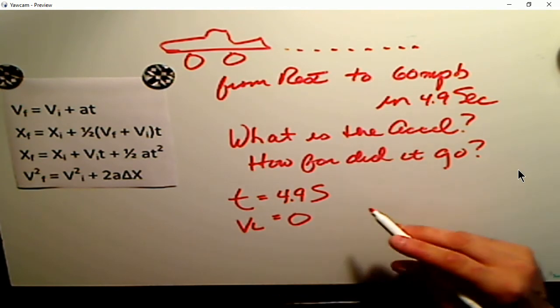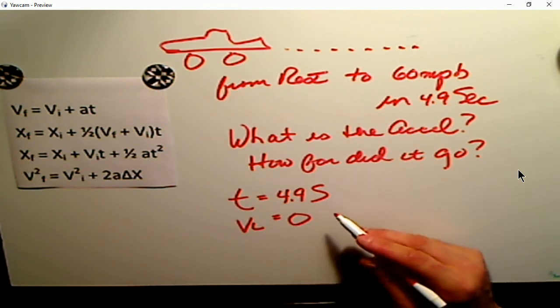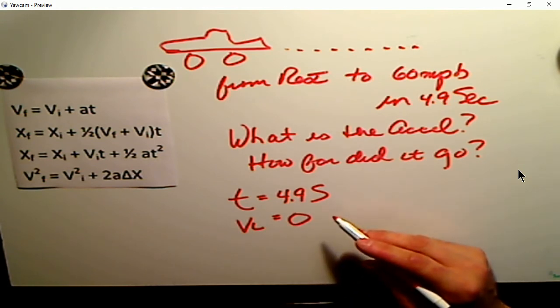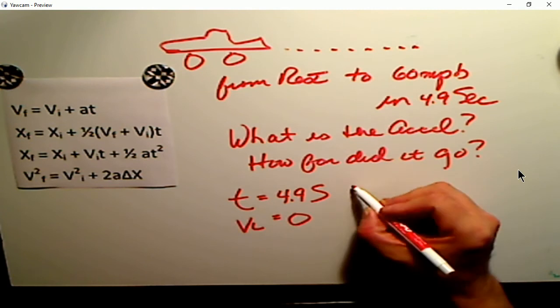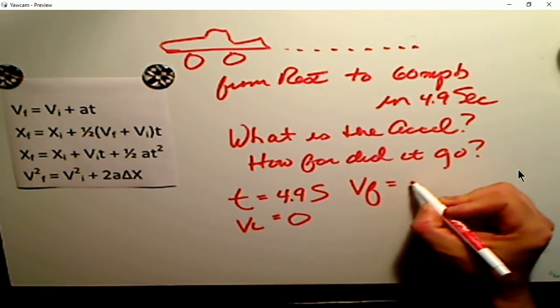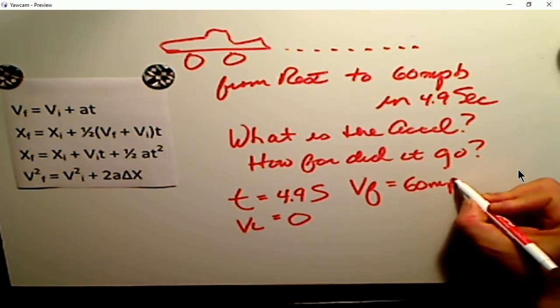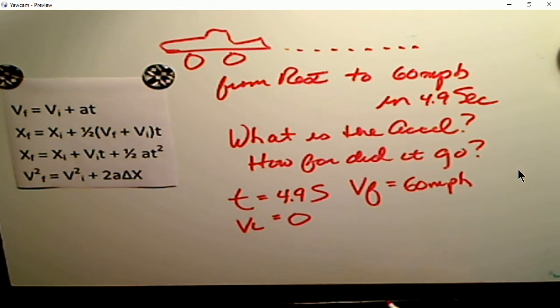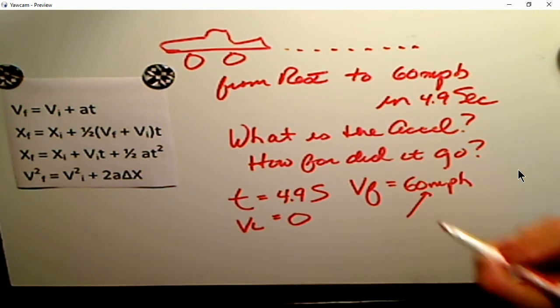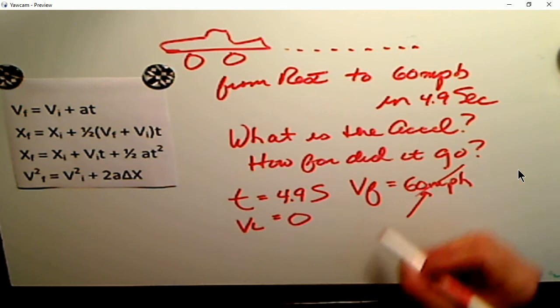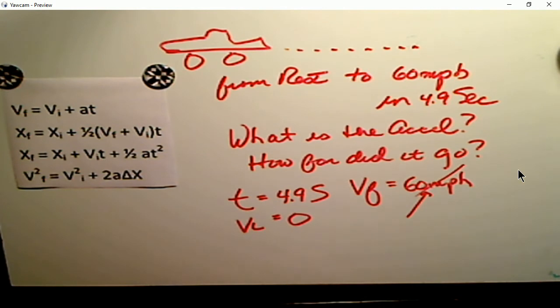So we're doing this in this time frame, and we're going at a final velocity of 60 miles per hour. Well, the first problem we have is that is not standard. We can't use that. We have to translate that. So let's look at what we have to do here.